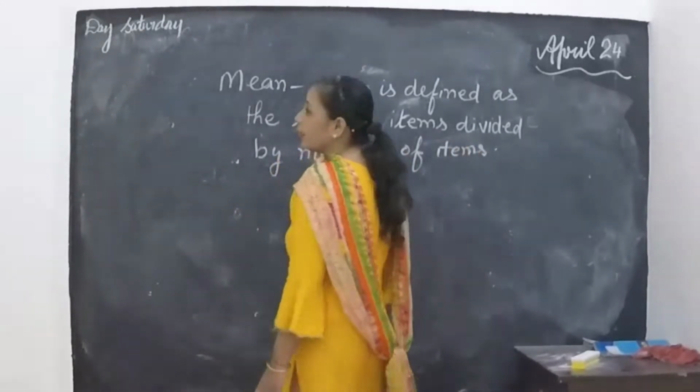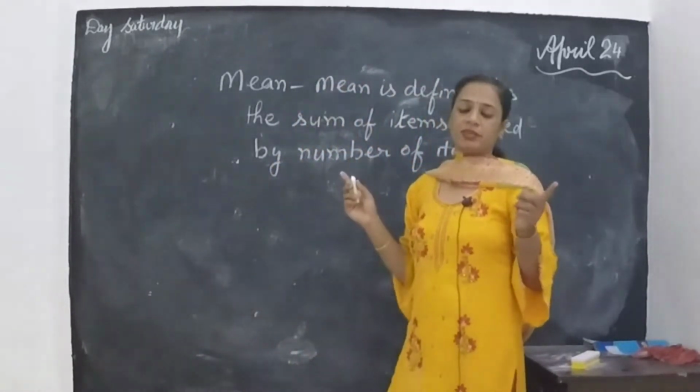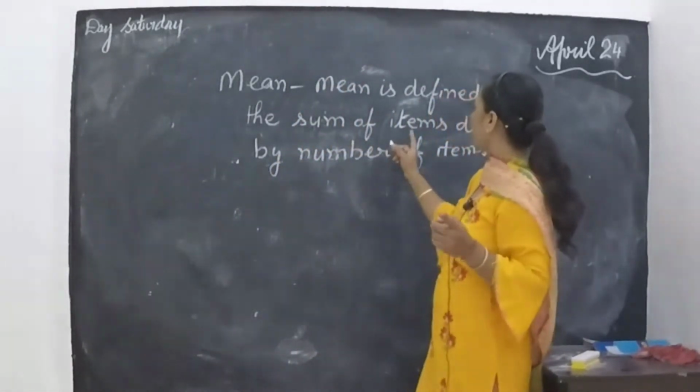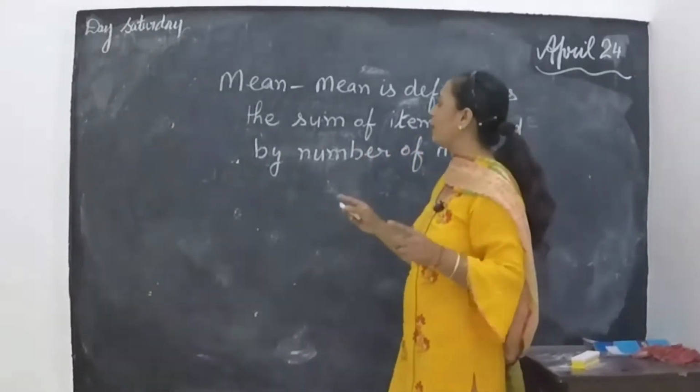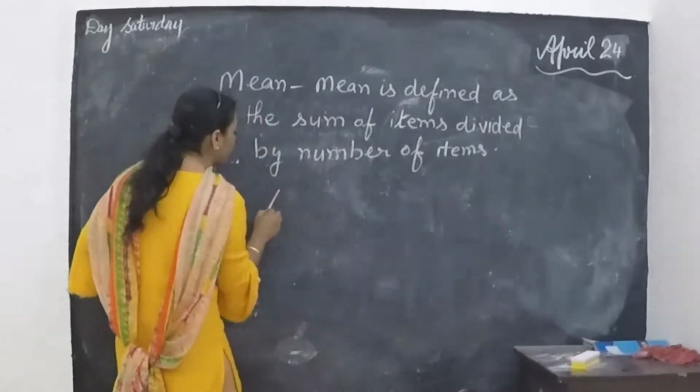So what is mean? It is the sum total of items, and we will divide this sum by the total number of items, and it is denoted by x bar.